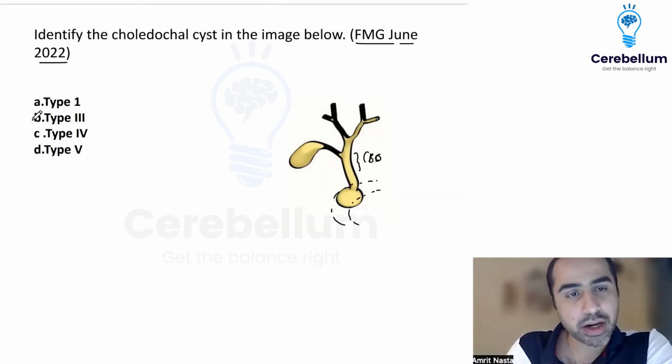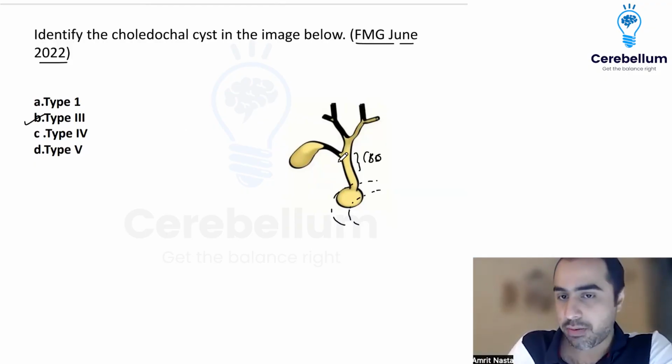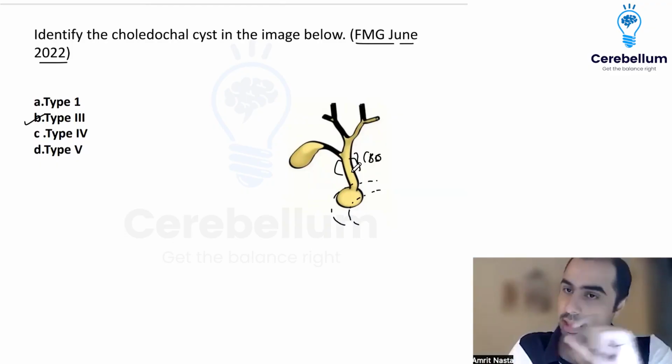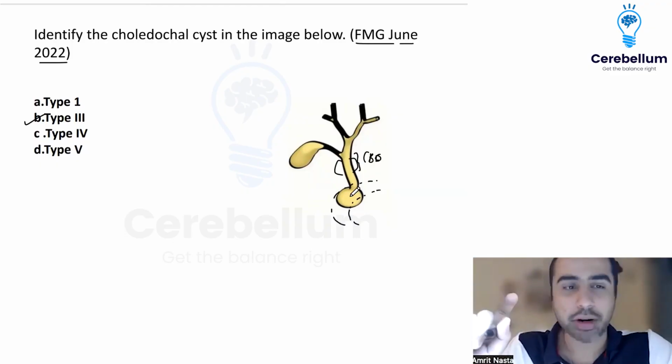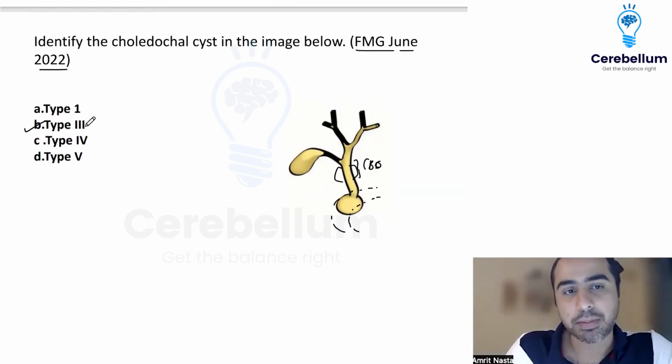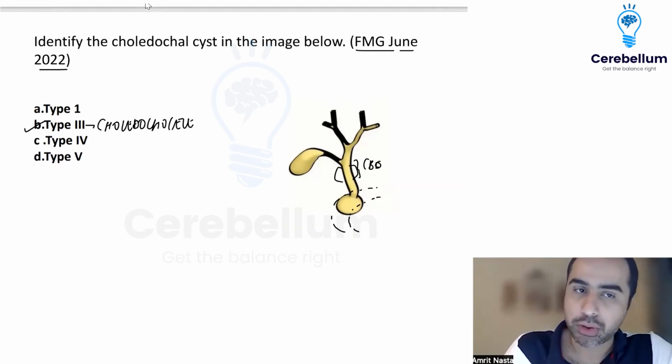So this is going to be type 3. Type 1 will be dilated here in the main CBD. This is the distal CBD, terminal CBD, intraduodenal. So this is type 3, also called choledococele.